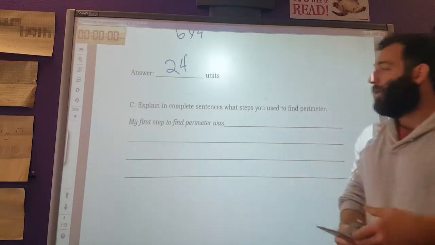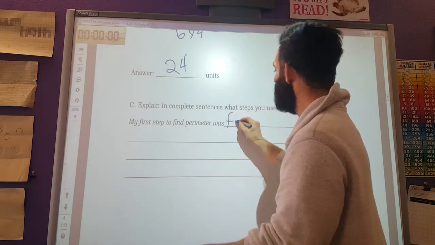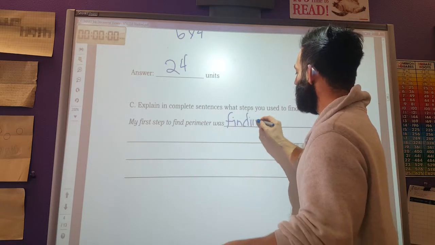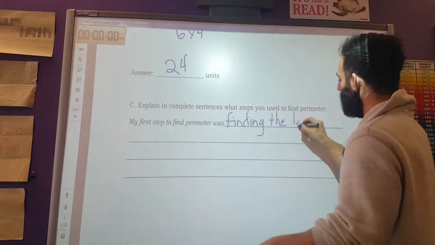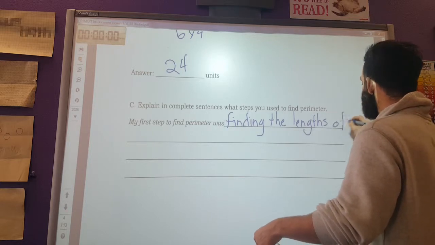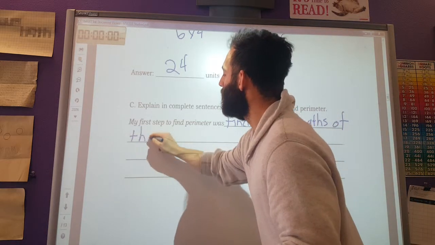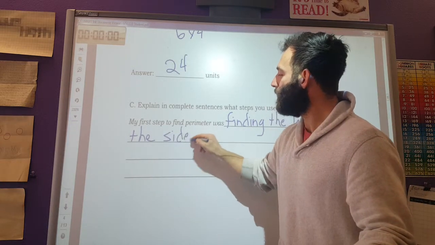My first step to find perimeter was finding the lengths of the sides.